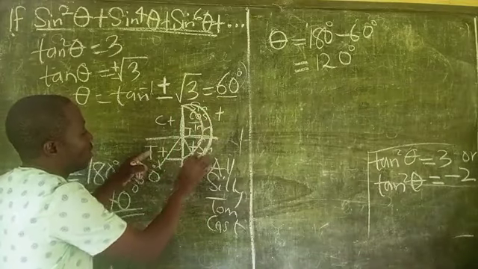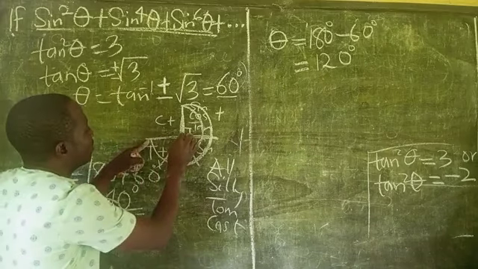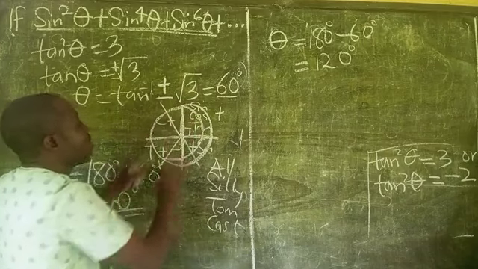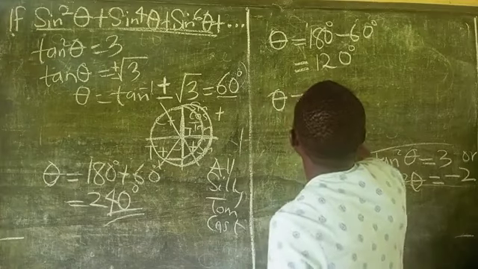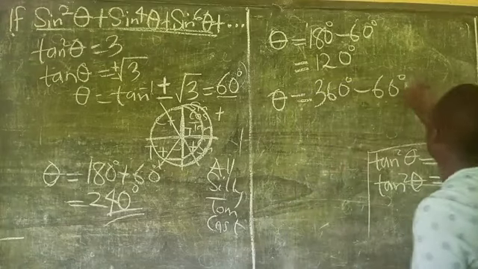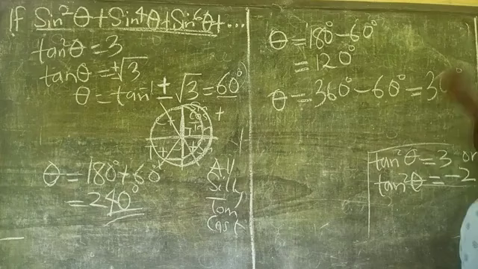And of course, for the fourth quadrant, we are having theta moving from here up to here. This is 270 and here will be 360. So in the fourth quadrant theta equals 360 degrees minus 60 degrees, which is 300 degrees.